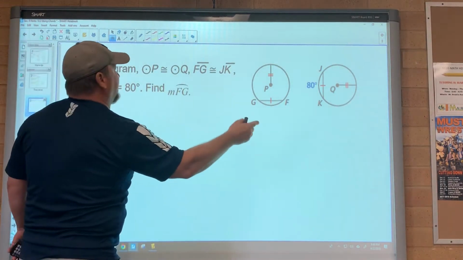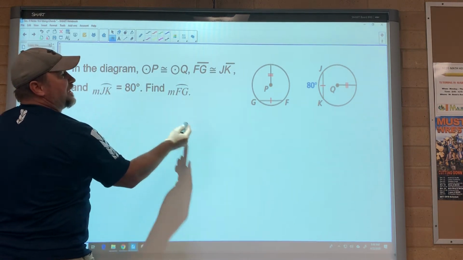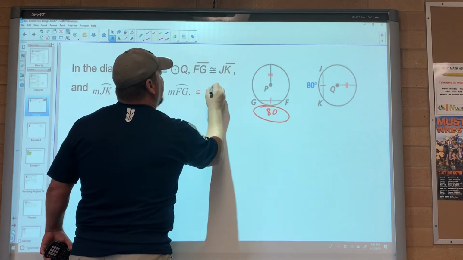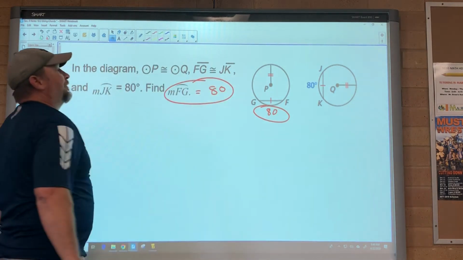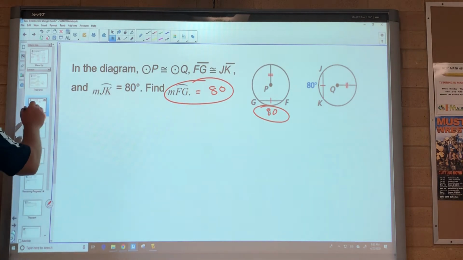They're asking us to find the measure of arc FG, so this one would be 80. That's what they were trying to show you on that first little theorem, okay? If two circles are congruent and they have chords that are congruent, then their arcs are congruent.